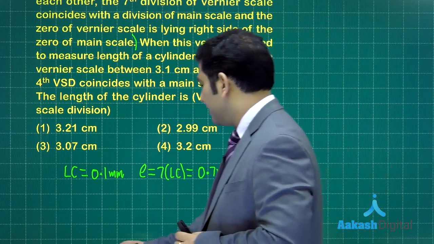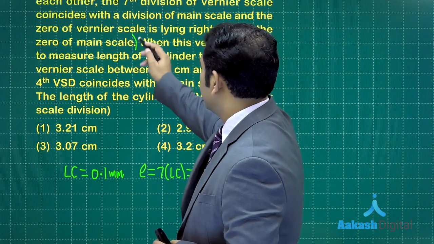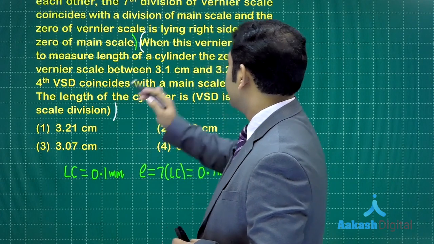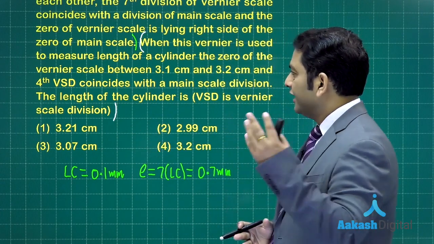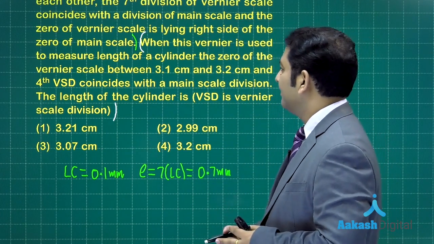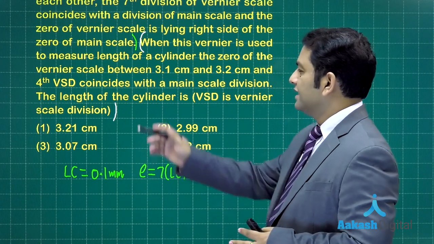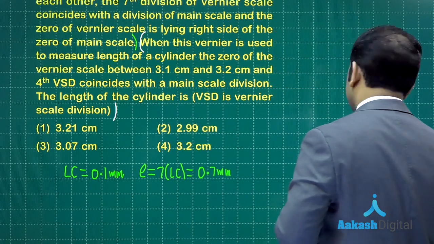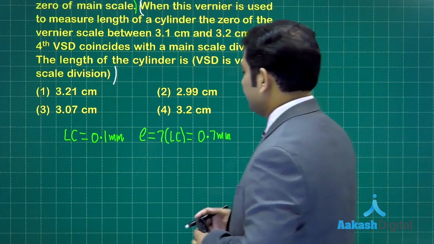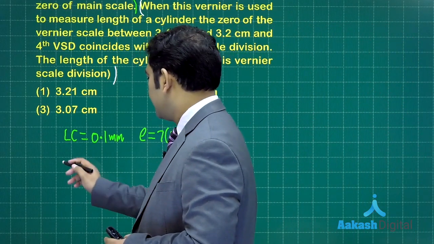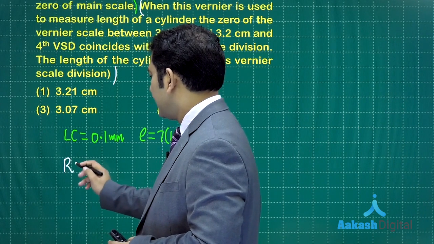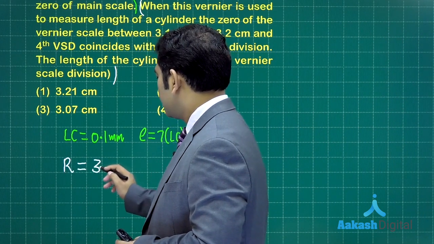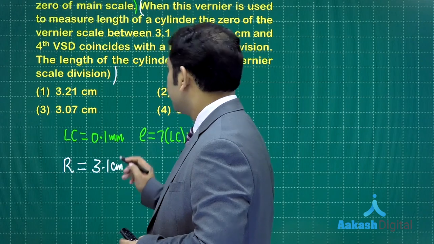Now comes the measurement part. So here, this would be the measurement part. Let's see. When this instrument is used to measure the length of a cylinder, 0 of vernier scale lies between 3.1 centimeter and 3.2 centimeter. So let's see what would be the reading if I represent it by R. So that's going to be 3.1 centimeter.